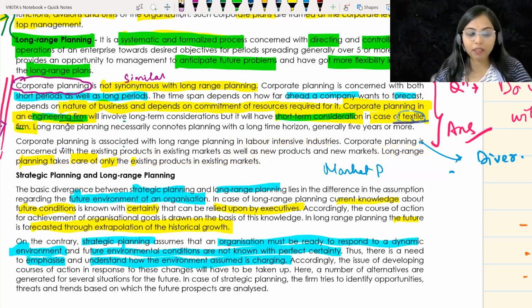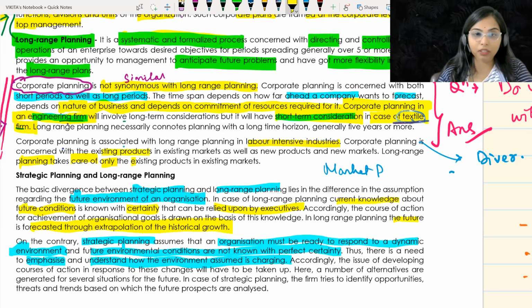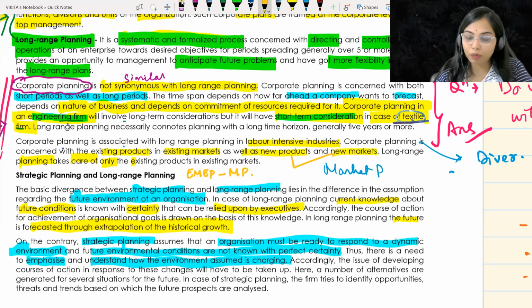Long range planning, and in labor intensive industries, it is associated with long range planning. Corporate planning is concerned with the market as well as new products and new markets. See what strategies it is using. Everyone remember, existing market and existing product means market penetration, as well as new products and new markets, the both extremes, that is diversification.